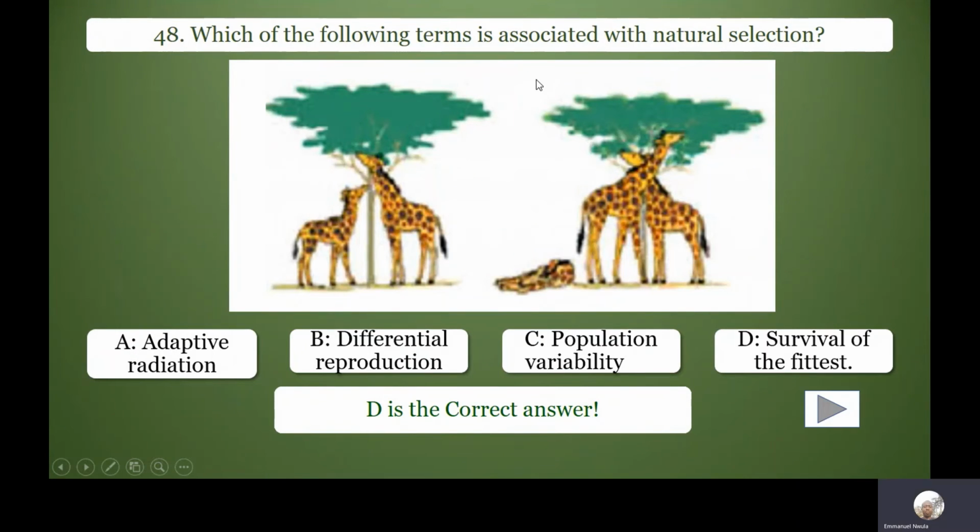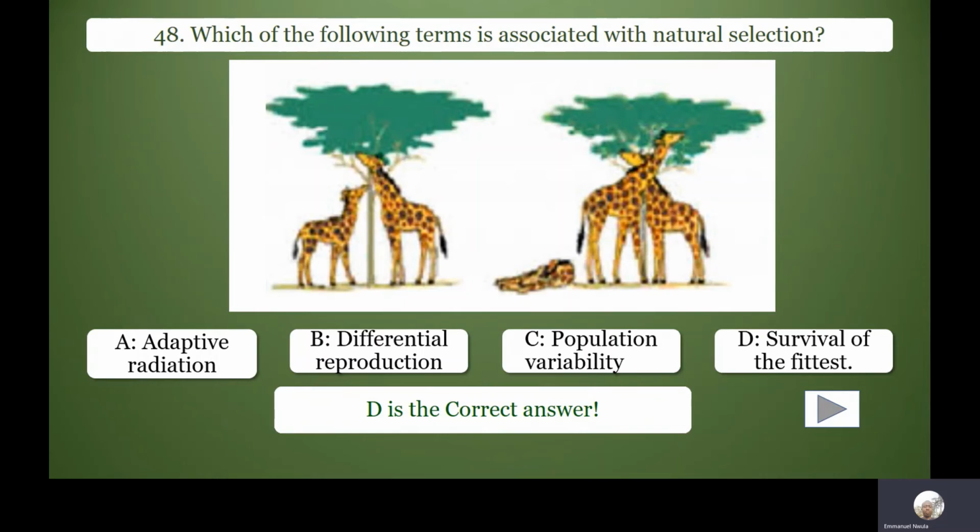Which of the following terms is associated with natural selection? Survival of the fittest. According to Charles Darwin, the organisms that are better adapted in that environment will have the survival advantage.